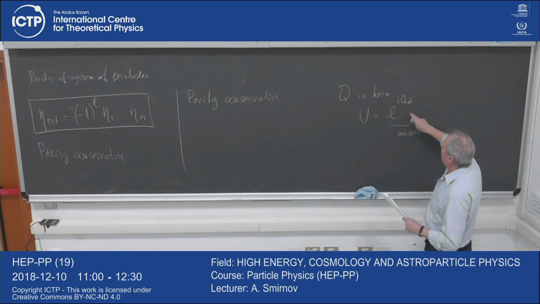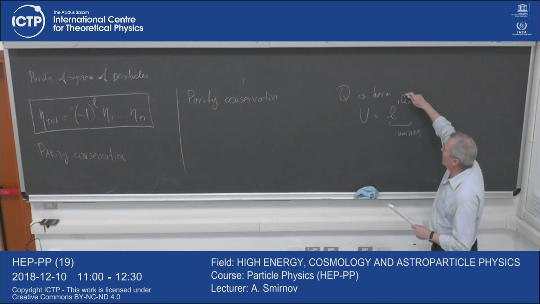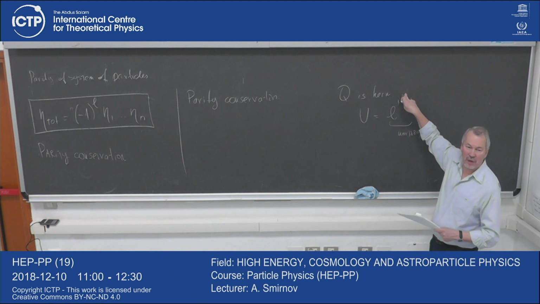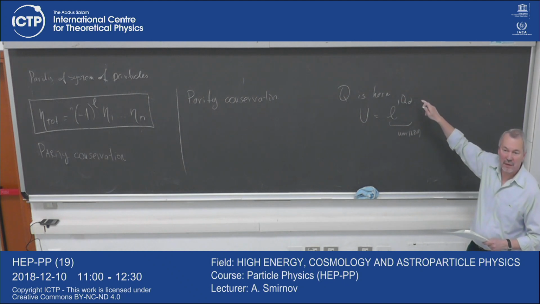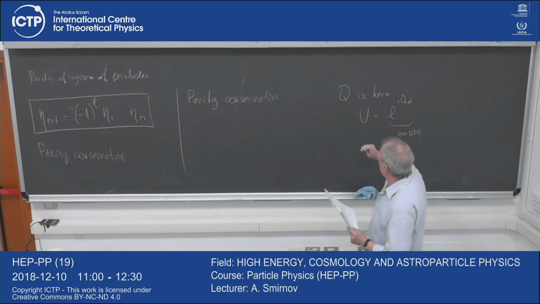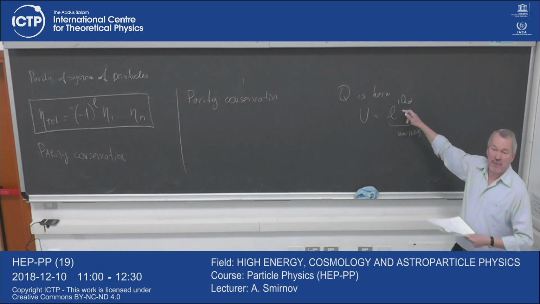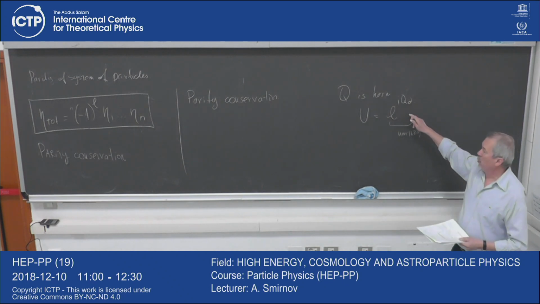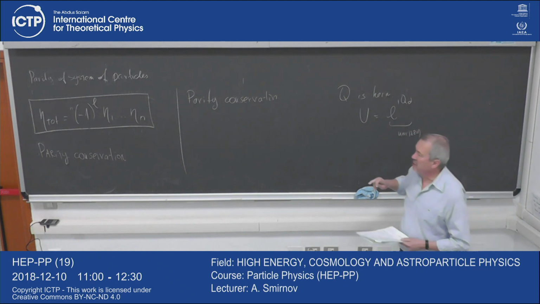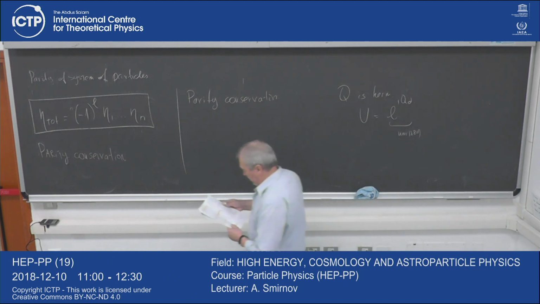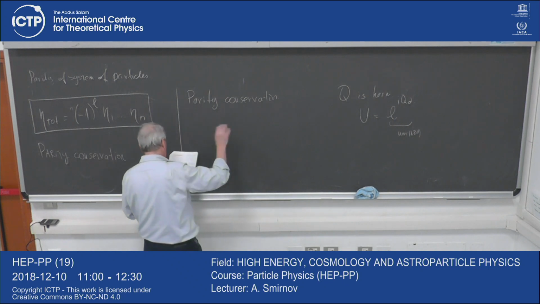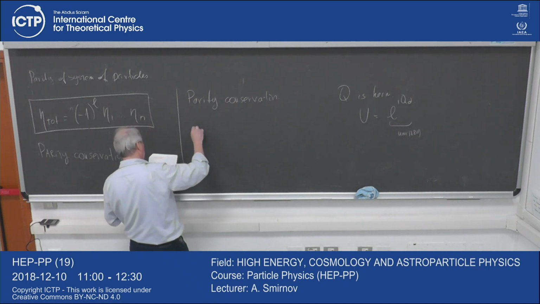So this exponent is unitary if Q is Hermitian. I think you have studied this, right? Now, in the case of parity, I do not need any exponential stuff, which means that P itself is... so let me check that first, and then I will comment.